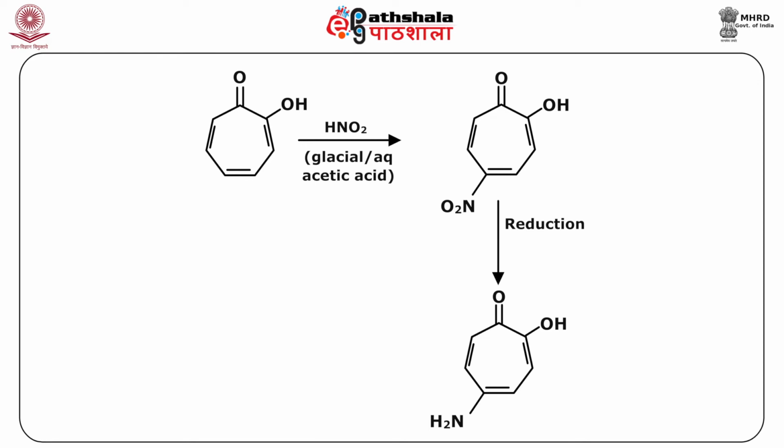So if you want to convert tropolones to amino derivatives, this is the best route, and there is no interference from any other substituents in this particular reaction. When the 5th position is blocked, the substitution occurs at position number 3. This may be possible, but 5-methyl and 3-nitrosotropolone, the only product of this type, is reported.